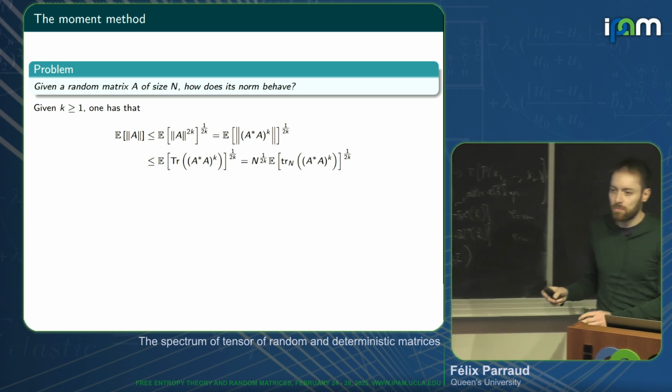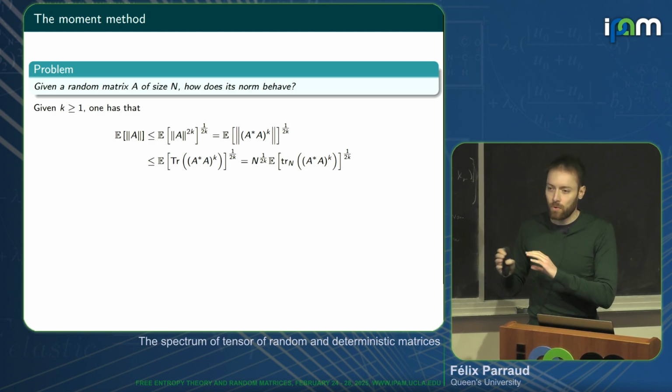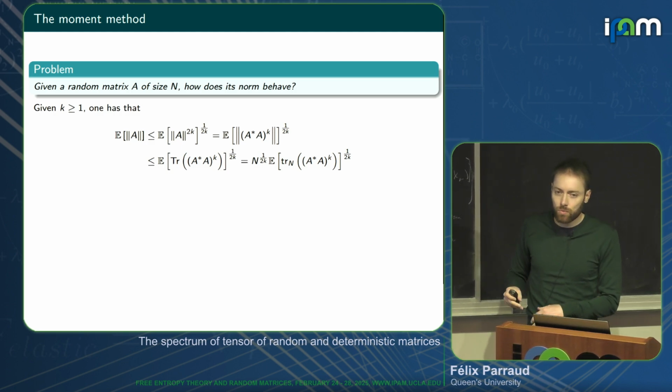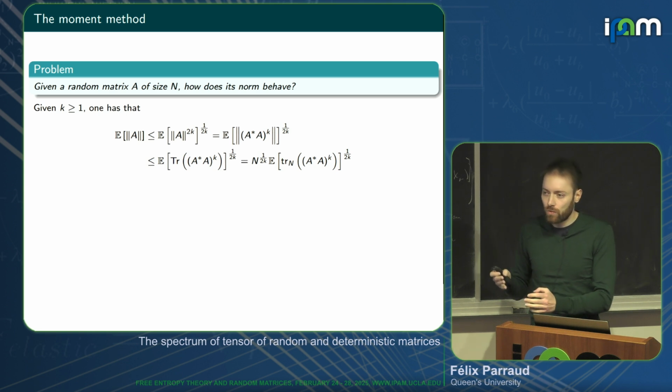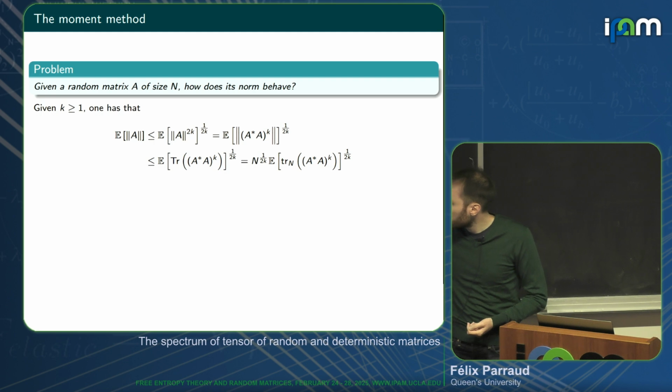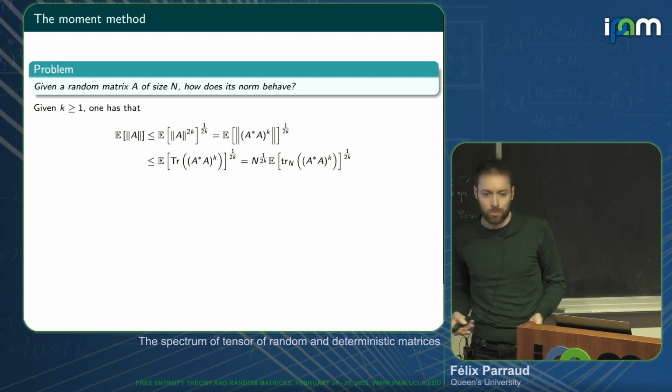So this moment method can be summarized with a few very simple inequalities. Basically, you want to upper bound the expectation of the norm. So what do you do? You first use Hölder's inequality to take the 2k-th root of the expectation of the norm of A exponent 2k. Then you use this operator algebra equality, which tells you that the norm of A exponent 2k is just the norm of A star A exponent k.